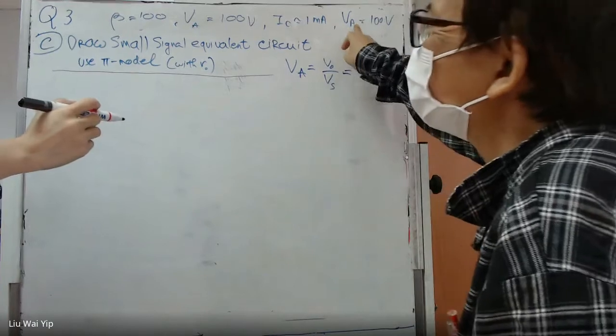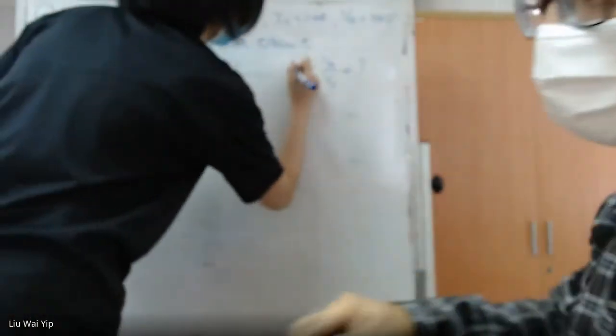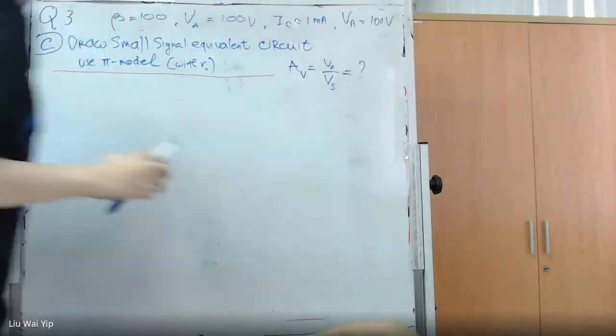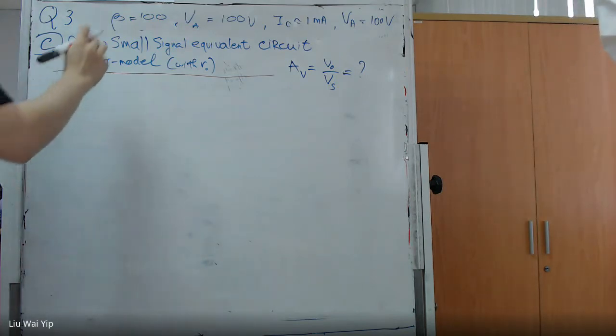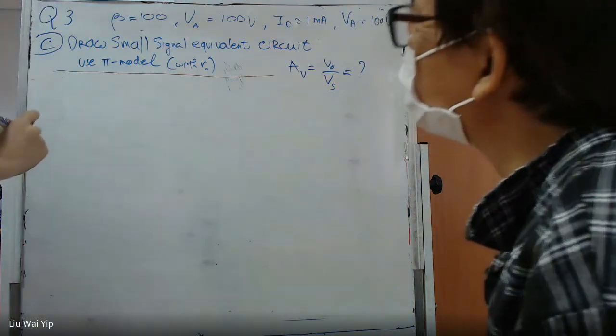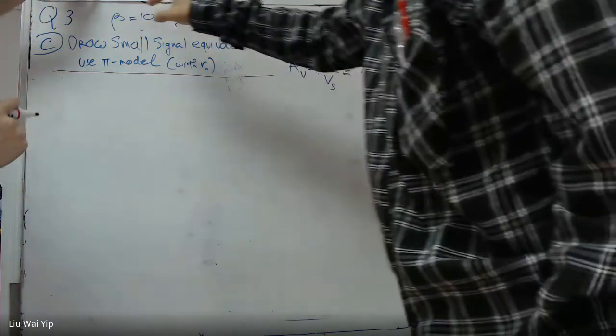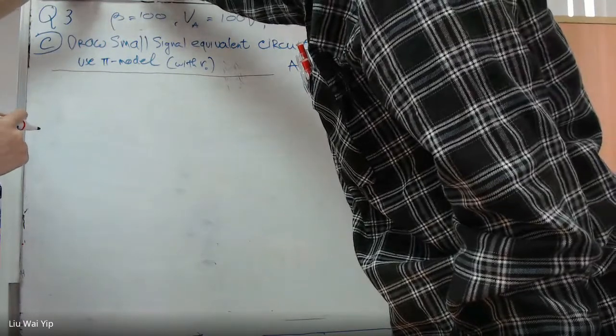VA is this one. Okay, AV. Now please draw this. No, this is biasing. We just substitute this with the pi model.